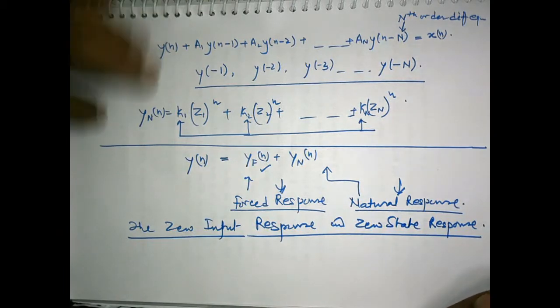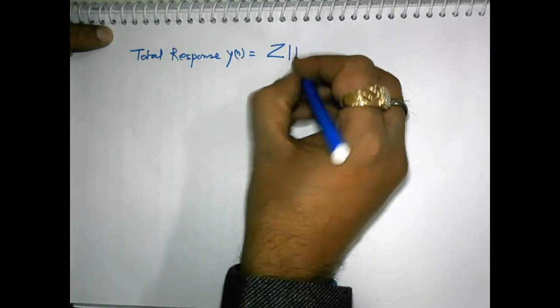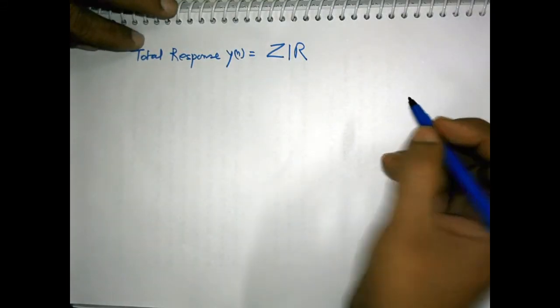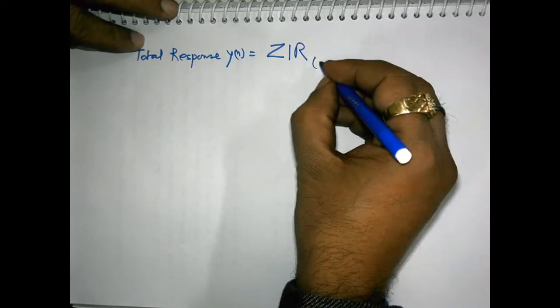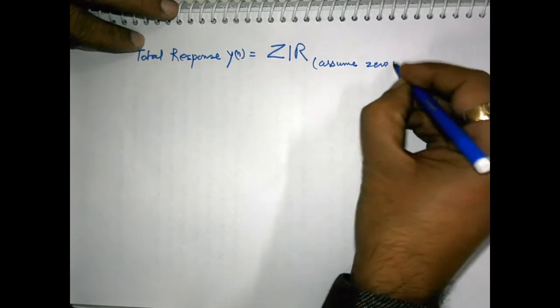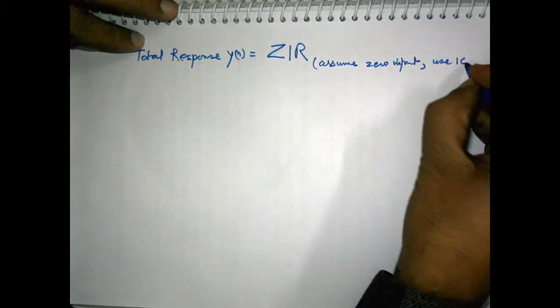As its name implies, the total response yn equals ZIR, the zero input response, plus ZSR, the zero state response. In the zero input response, we assume zero input and apply the given initial conditions.